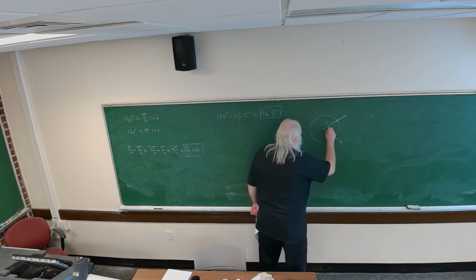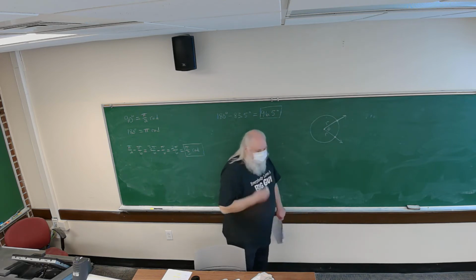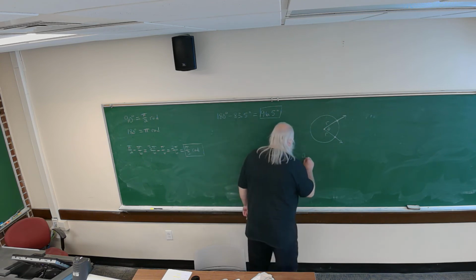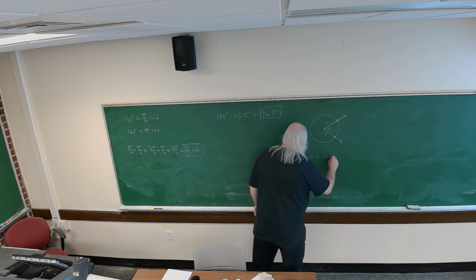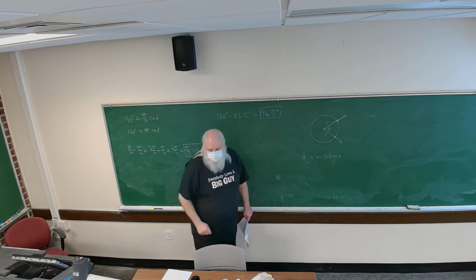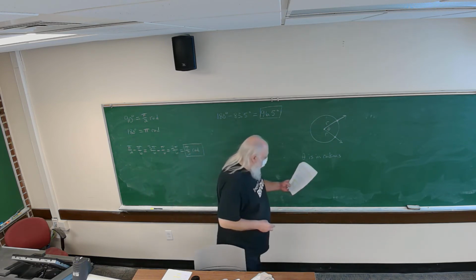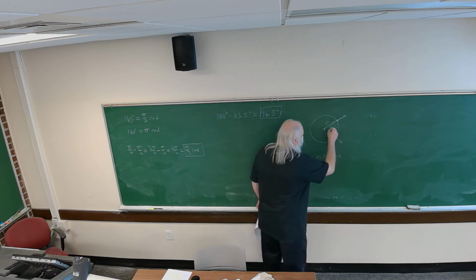And the angle between the two rays is theta. And theta, again, is in radians. These formulas only work if theta is in radians. So the sector is this shaded area.